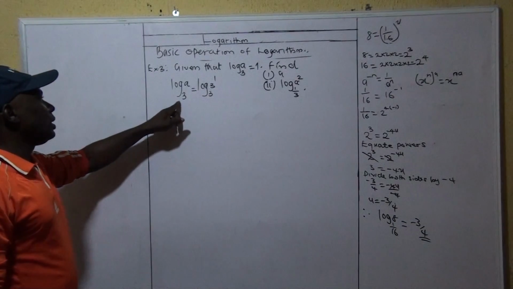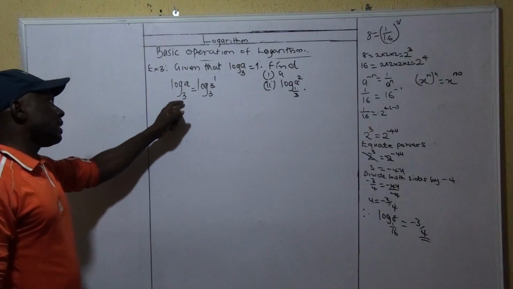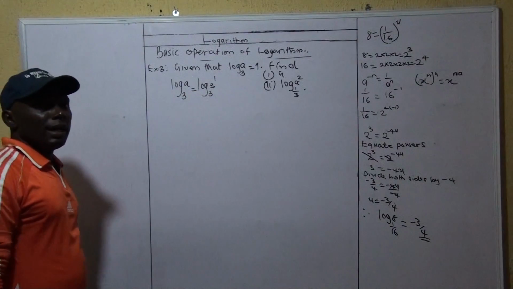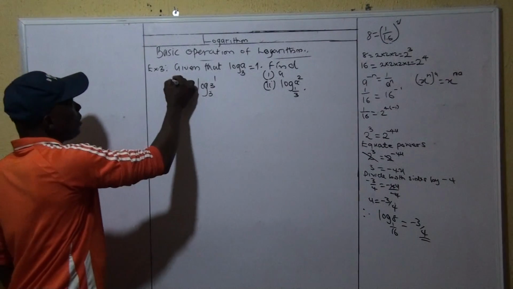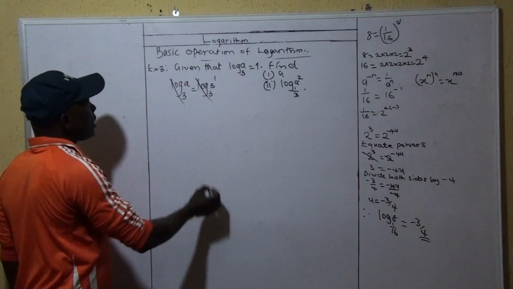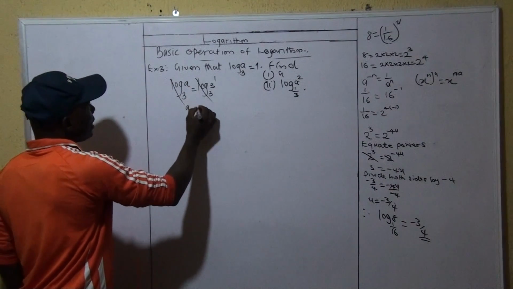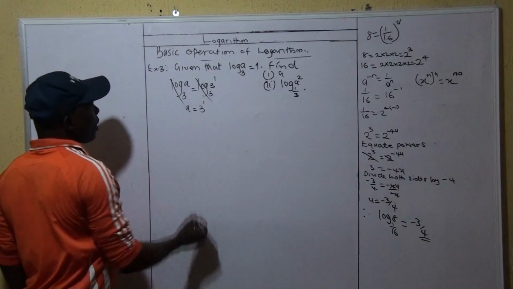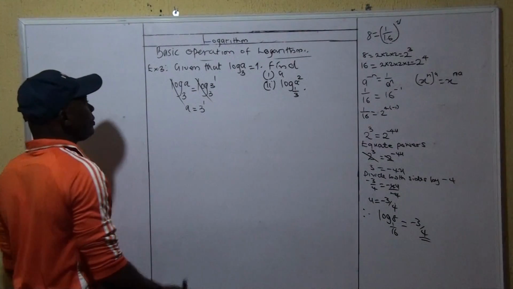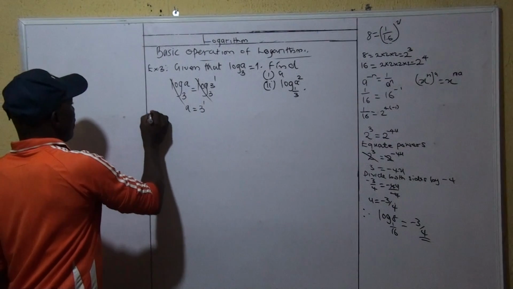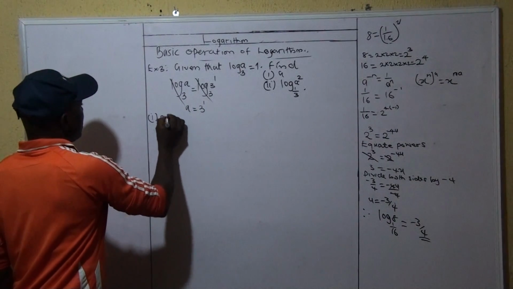So anytime you see the log here, you just express this in this notation so that you can easily manipulate. So here with the log, I will now know that a is equal to 3 raised to power 1, which is 3. So our first question here, a is equal to 3.